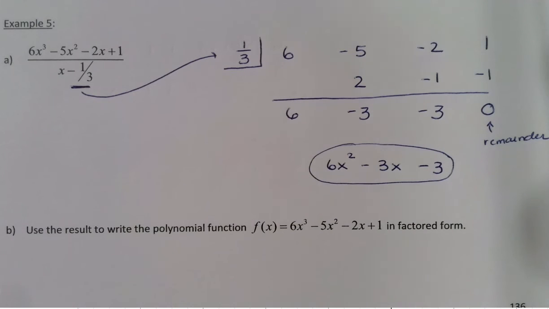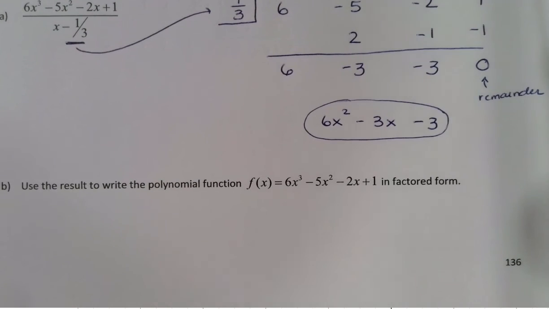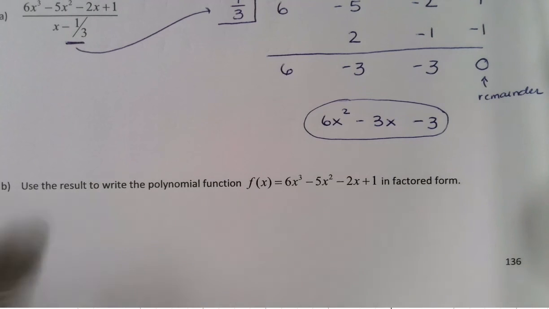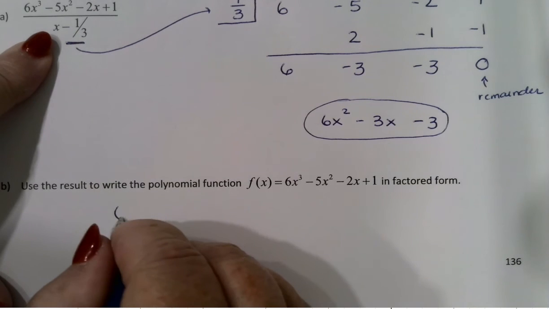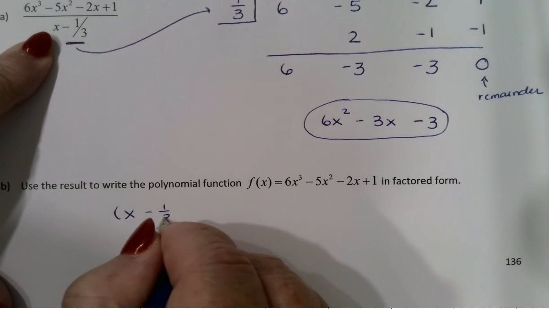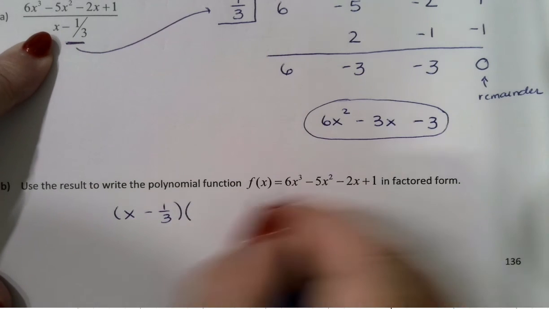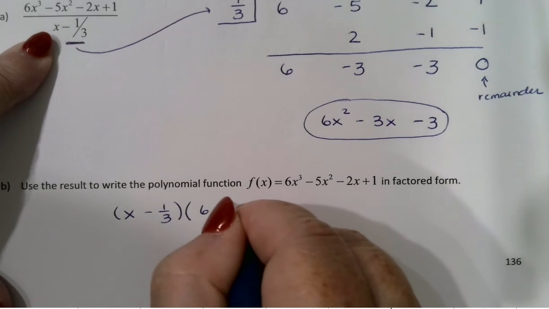That's the result of the division. So it says use this result, since there was no remainder, to write our original polynomial in factored form. So I would have x minus 1/3 times all of this.